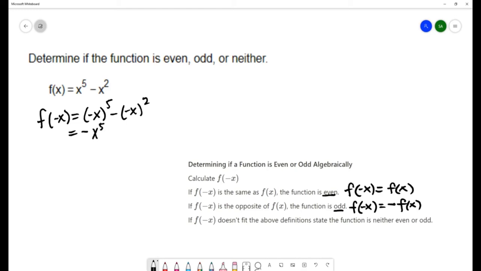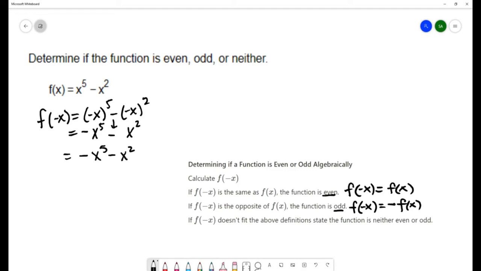And on negative x squared, that is an even power. So I have an even number of negatives, and this will work out to be x squared, and I'll carry down that minus. So I have negative x to the 5th minus x squared.